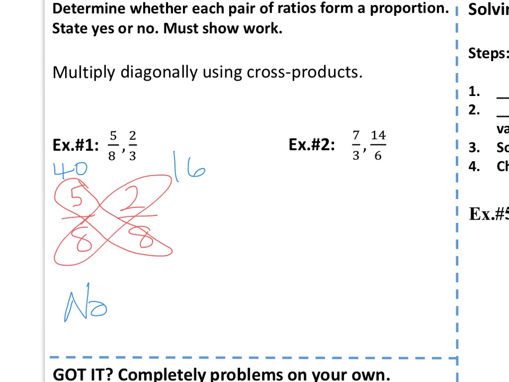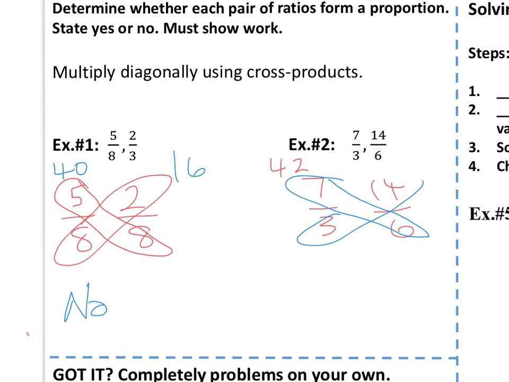Now in example 2, we have 7 over 3 and 14 over 6. So again, we can multiply diagonally using the cross product, and 7 times 6 is 42. And then we have 3 times 14, and that is also going to give us the result of 42.